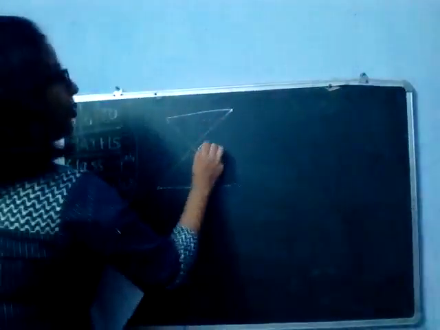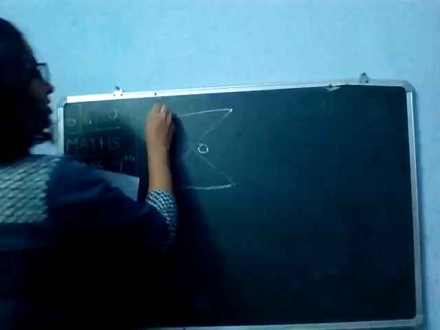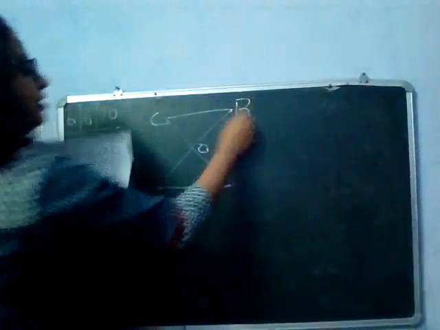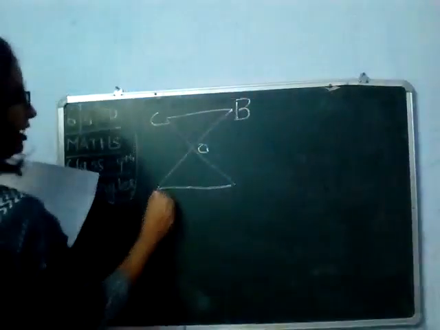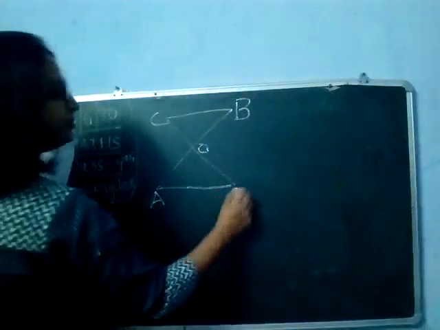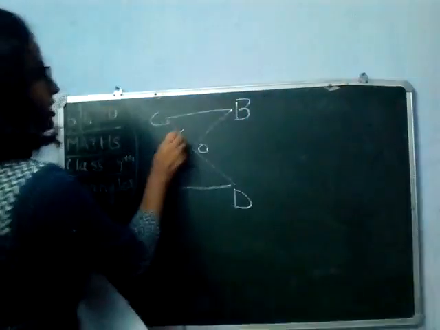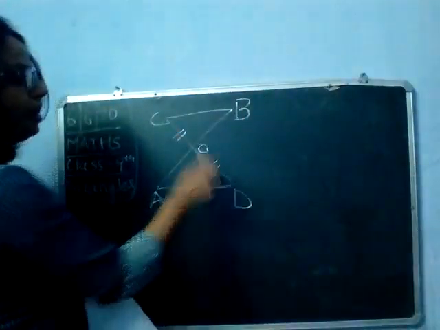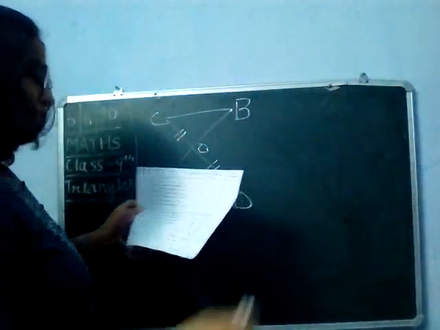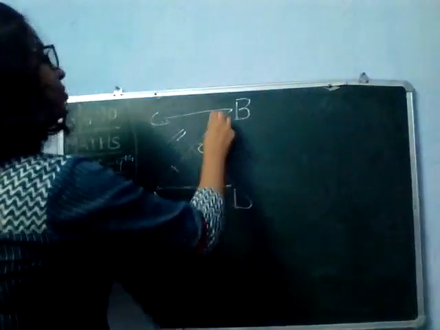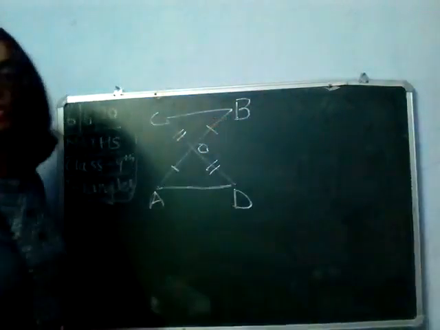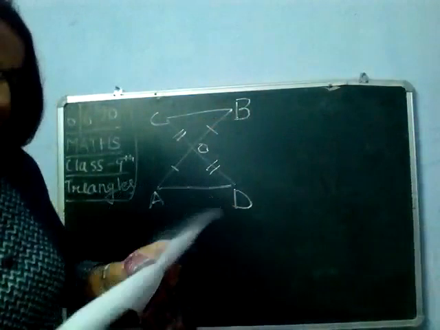Suppose in this figure we have O, C, B, A, D. Here it is given that OC equals OD and OA equals OB.